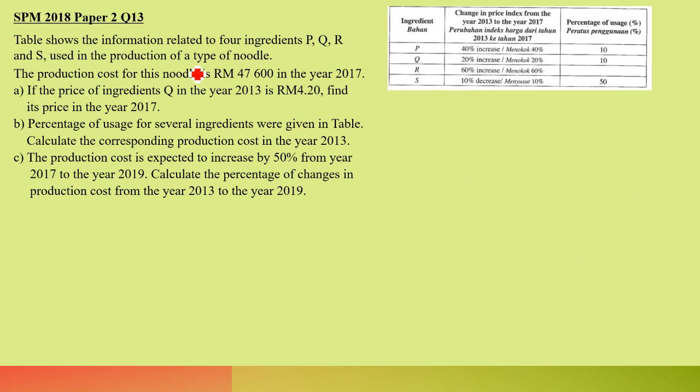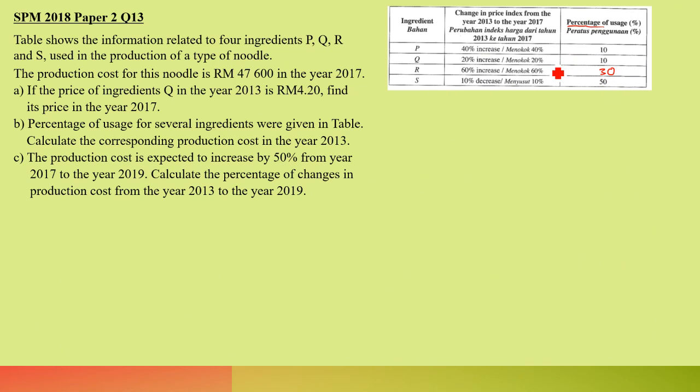Most of the time they will give you a few ingredients and what are the changes. Sometimes they give you the weightage as just a number or in percentage. So very clear it's given here in percentage. So 10, 10, 50. So it's very clear this must be 30% because percentage must total up to 100. Okay. So we already know that percentage.